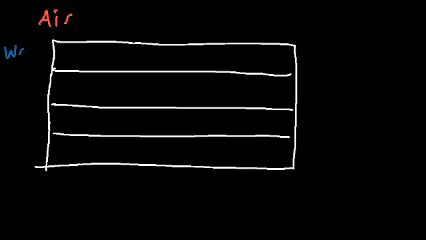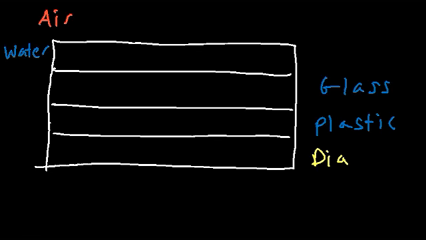So let's say if we have multiple materials. Let's say on top it's air, and then we have water, and then it's glass, and then let's say plastic, and diamond at the very end.